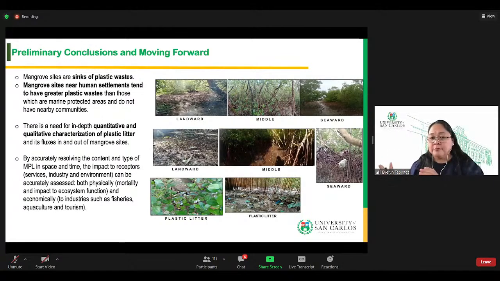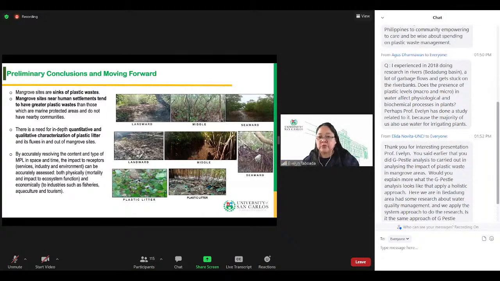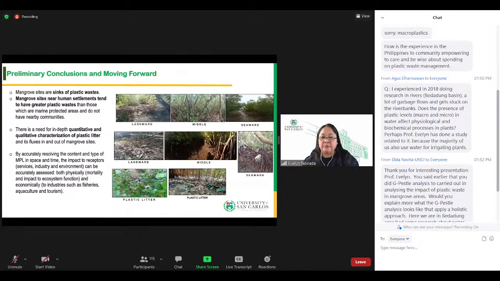In Cebu, what we do is show pictures like the ones I have shown you here. Evidently this is very visual evidence that plastic waste is present in the area. So we meet with the local officials, the mayor, the barangay or village official, and tell them, hey, we have found so much waste in the marine environment or in the mangroves.